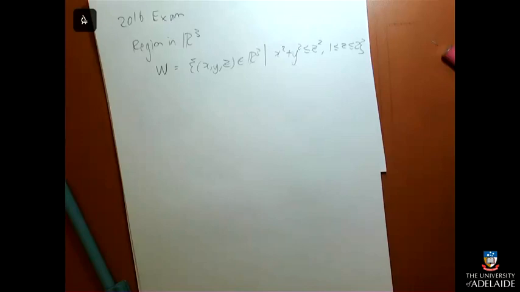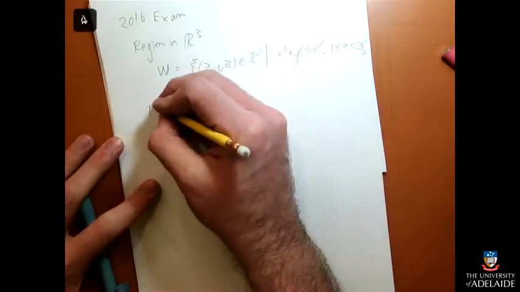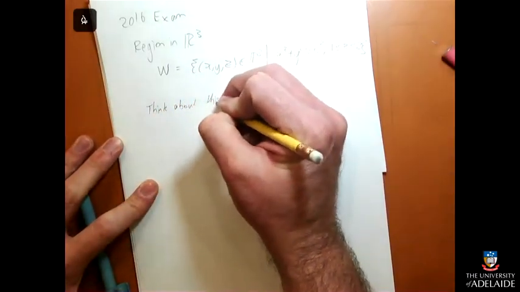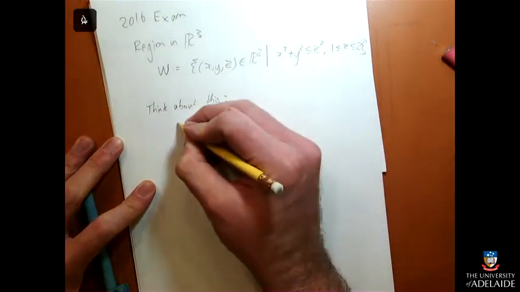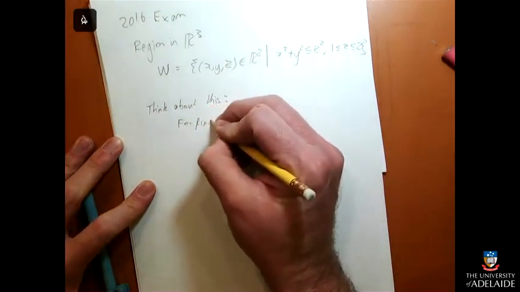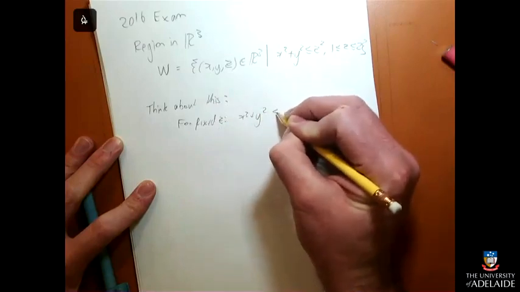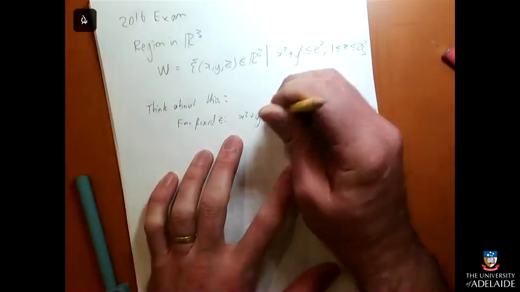But if you didn't know it was a cone, one of the best ways is to pick various values of z, which is the height, and figure out what shape that is. So for various values of z, fix z: x squared plus y squared is equal to z squared.